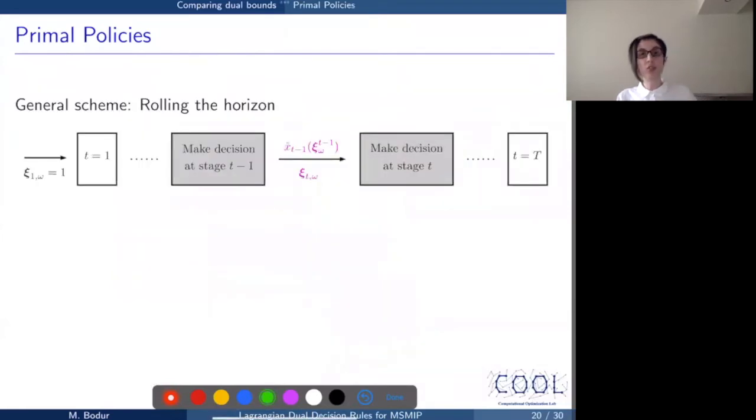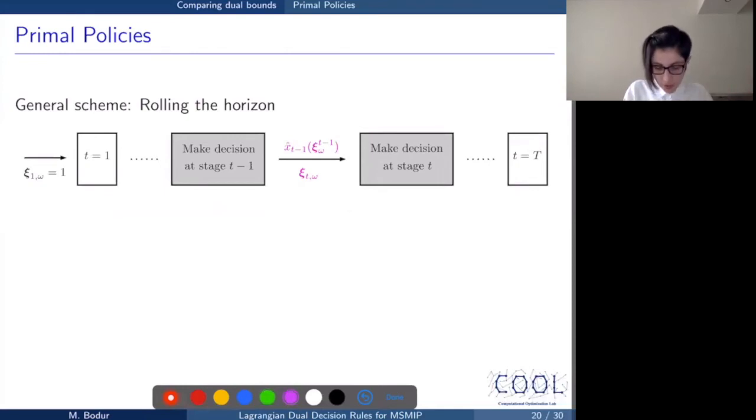All right, so I will talk about two specific policies, but let me first tell you the general framework in regards to how to actually implement such policies in practice, or how we evaluate them. So the general scheme, the most common use of these multi-stage policies, is that you implement them in a rolling horizon framework. And if you also think about the practice, this completely matches what we do in practice.